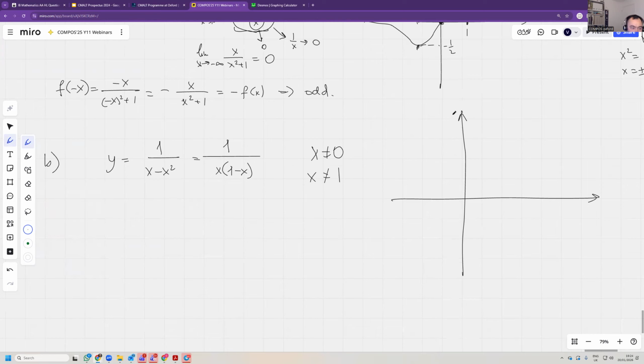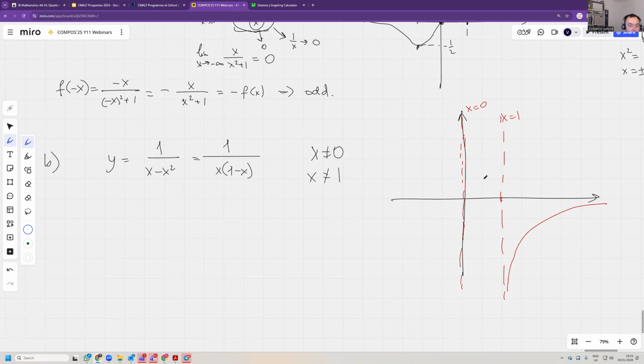There are vertical asymptotes here and here, x equals 1 and x equals 0. The function is negative when x is really big. Then this is positive and this is negative. So effectively, it goes like this.